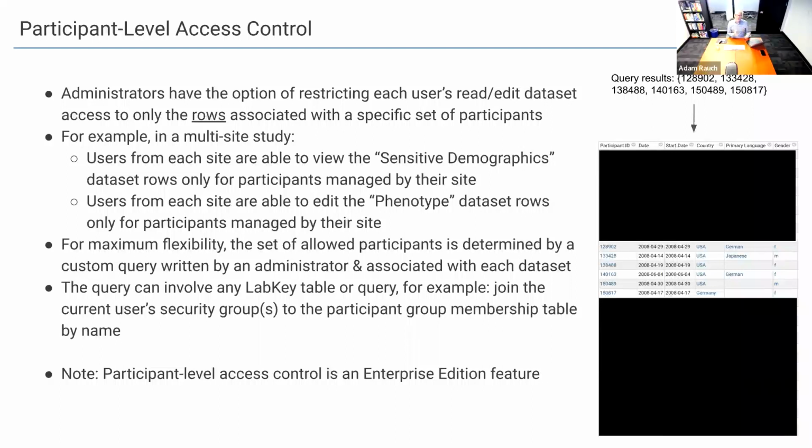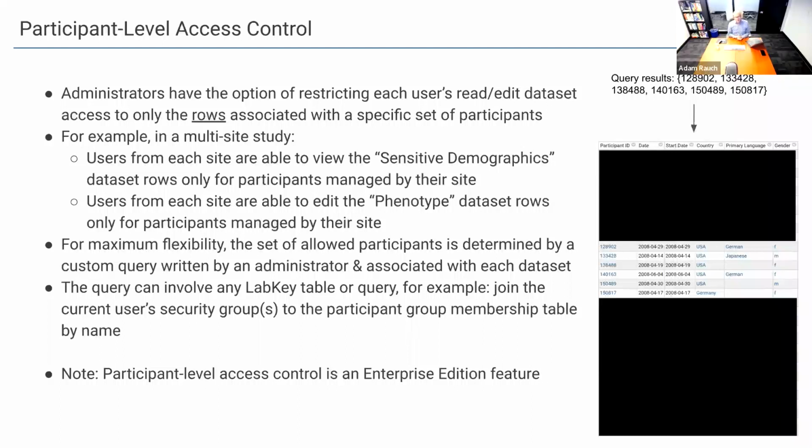So the sensitive demographics data set, in that case, perhaps I want to set things up so that only the users from each site are able to view the rows for the participants that have been recruited and managed by that site.